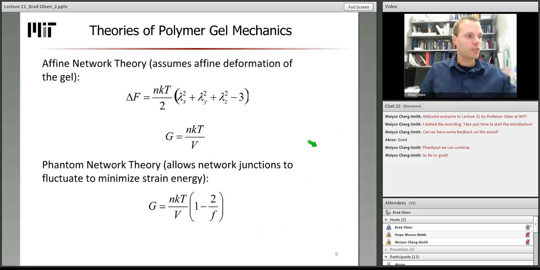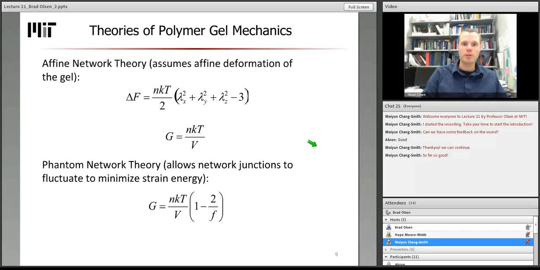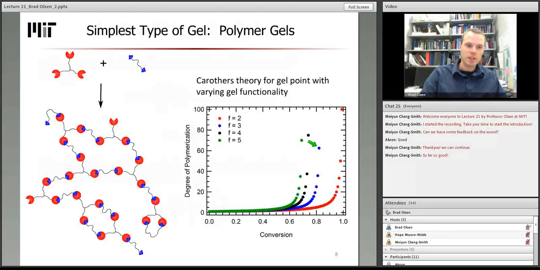So there are two primary theories of polymer gel mechanics. I think the most common theory, and perhaps the original theory, was the affine network theory, which says that we can consider our macroscopic network. Let's, just for the sake of putting a picture in our mind, consider the network that I've illustrated on the lower left of this slide.